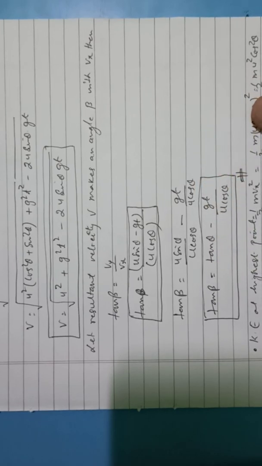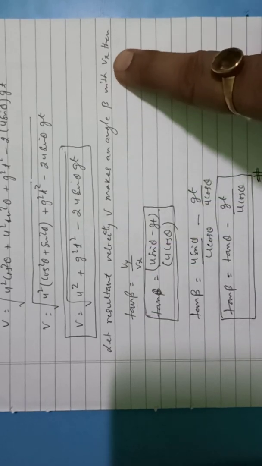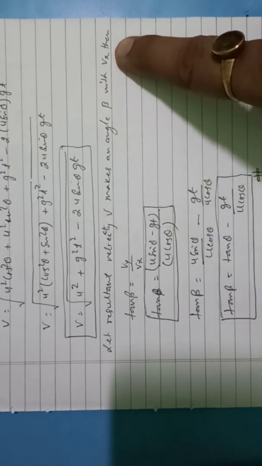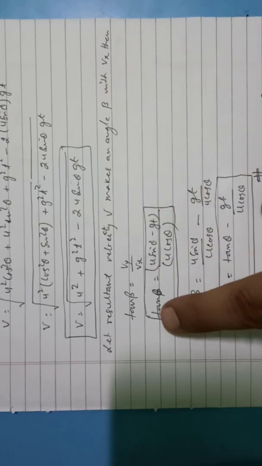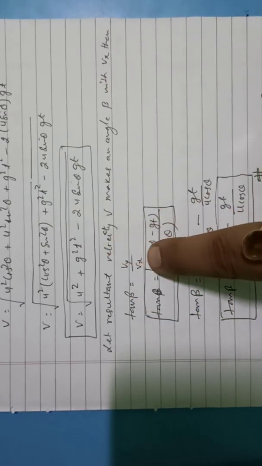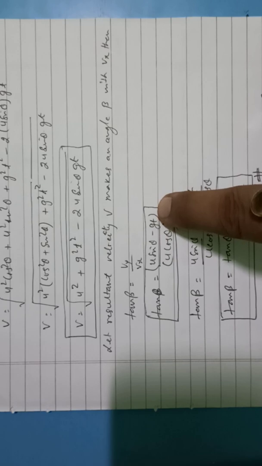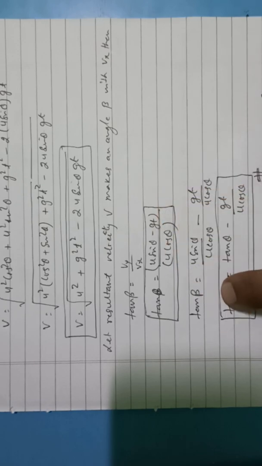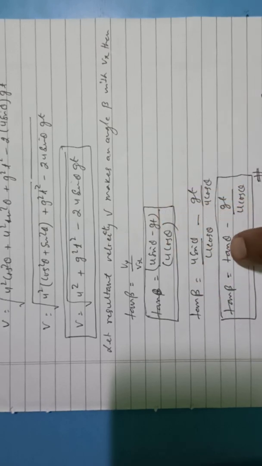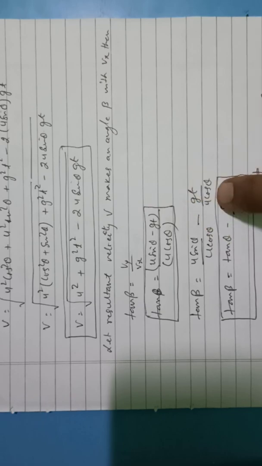Again, if the resultant velocity makes an angle beta with the x-axis or Vx, then tan beta is equal to Vy by Vx. We put the values of Vy and Vx in the above equation. Tan beta is equal to U sin theta minus gt by U cos theta, therefore tan beta is equal to U sin theta by U cos theta minus gt by U cos theta.